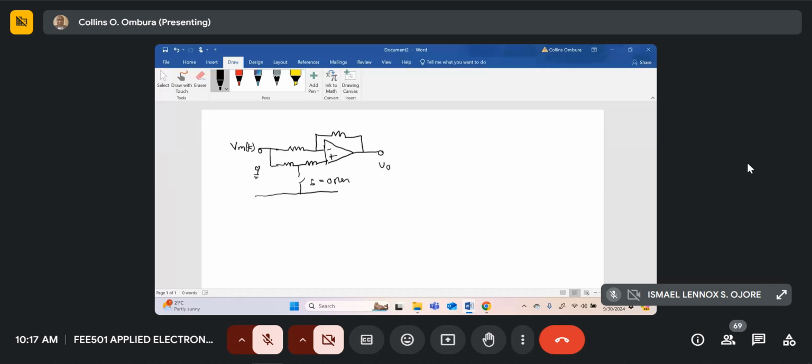So let's call this one V01 of T when switch S is open. I think this was R, and this I think was R7 and R8, or vice versa. I can't remember. I can go back to it.